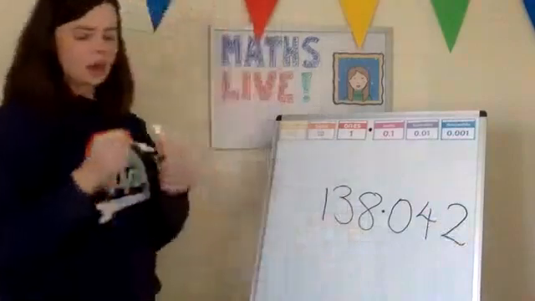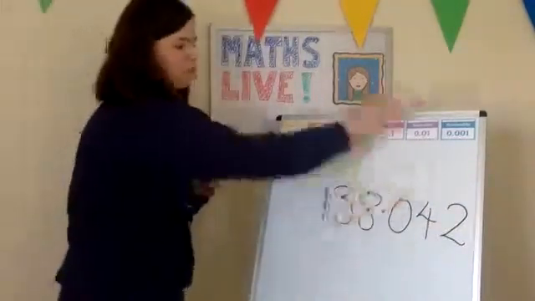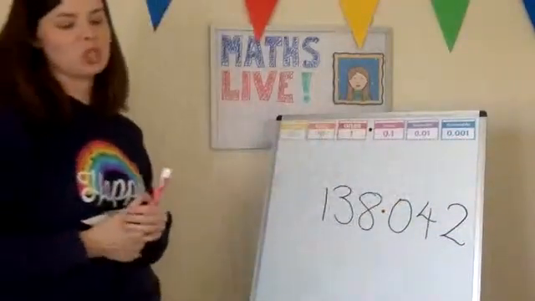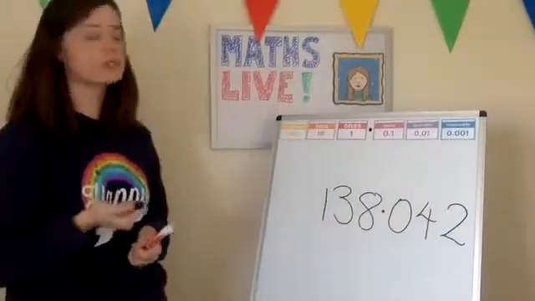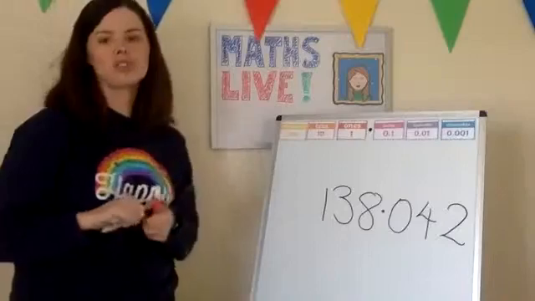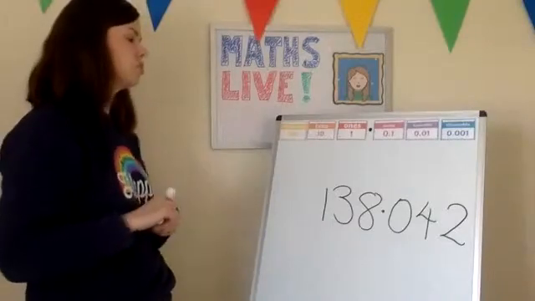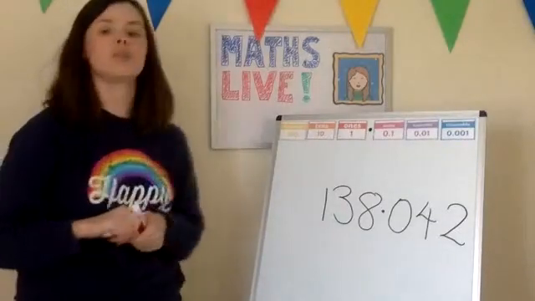I put that on the side on purpose so it doesn't line up with the place value board. If you can write it in numbers, what place value does the 2 have in 138.042?